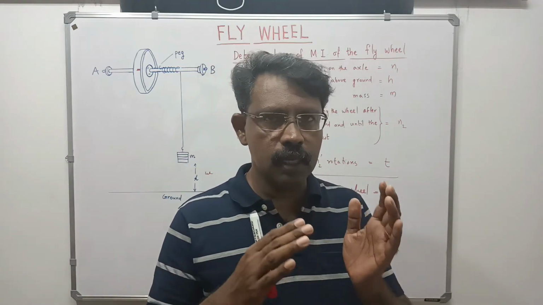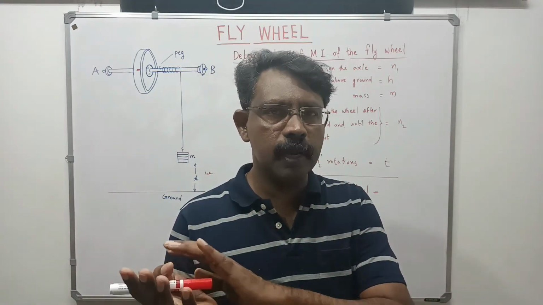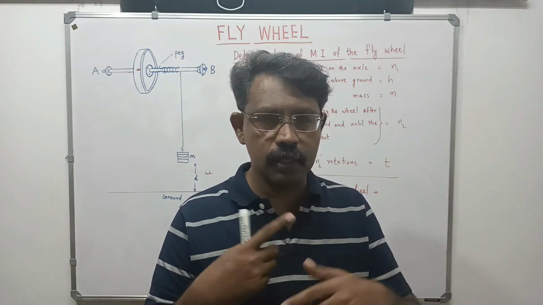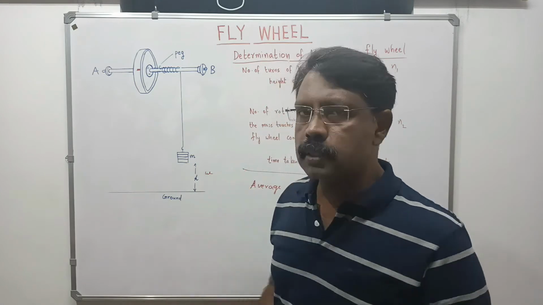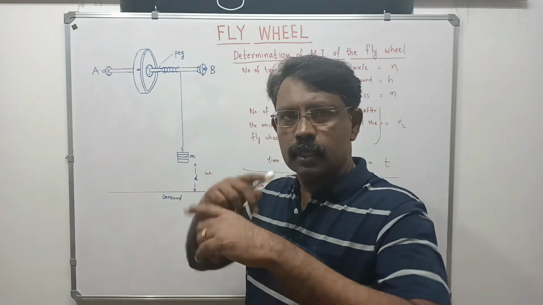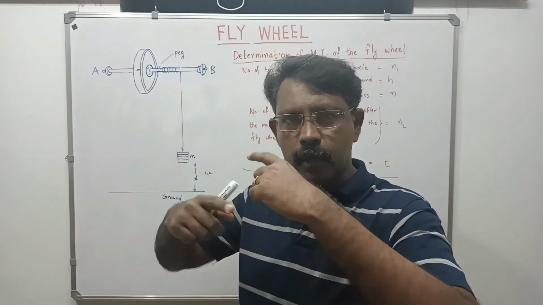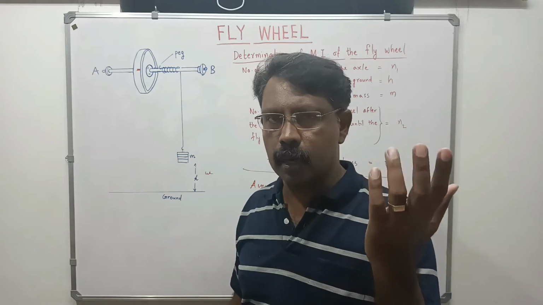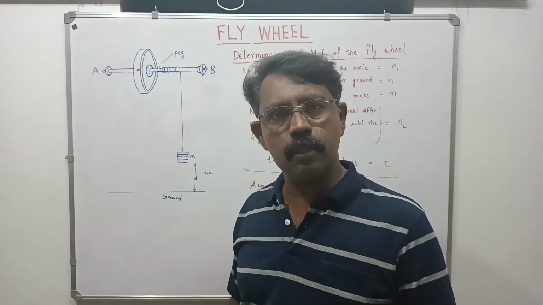Average means the initial angular velocity plus the final angular velocity, divided by 2. Initially, I am taking omega as the angular velocity of the flywheel when the mass touches the ground. Then it rotates n2 times and finally comes to rest. So what is the initial angular velocity? It is omega. What is the final angular velocity? It is 0.